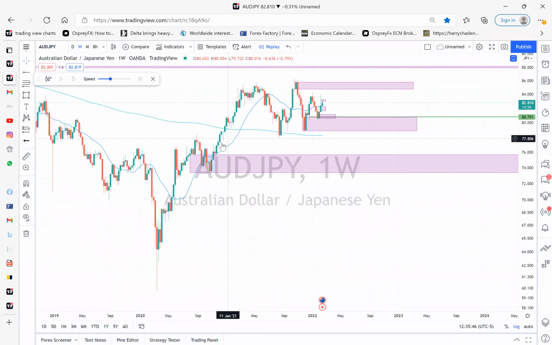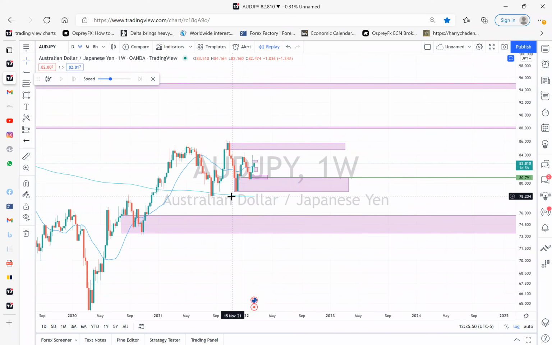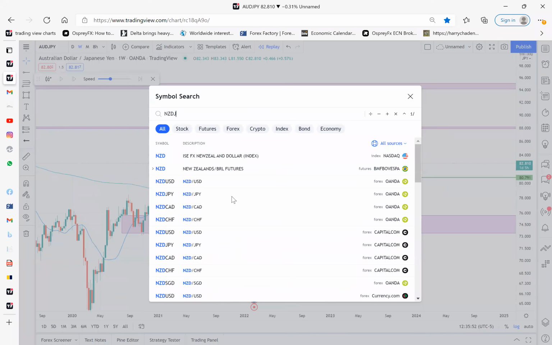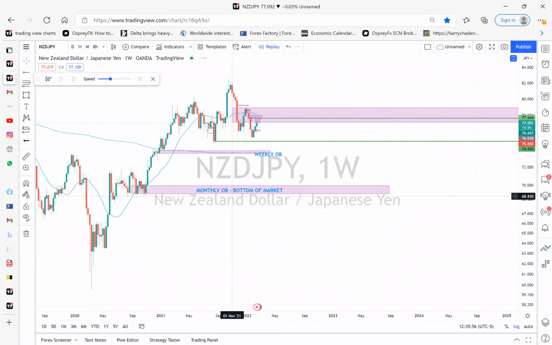So your AUD, you might get more dramatic swings than your EJ. Or your NZD, you might get more dramatic swings than that, right? You just have to understand and look at how dramatic your swings are in these pairs.